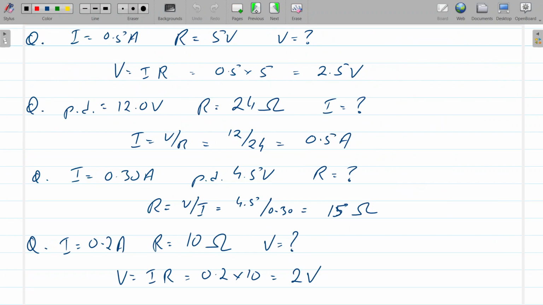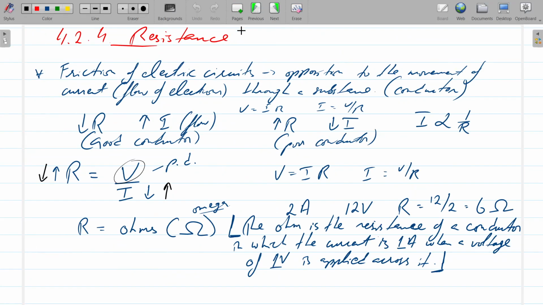We talked about Ohm's law, and we got the equation R equals V upon I, or you can move that around and get V equals IR. So this is Ohm's law. We will come across the proper definition of Ohm's law today. Resistance is given in ohms, and the ohm is the resistance of a conductor in which the current is 1 ampere when the voltage of 1 volt is applied across it.